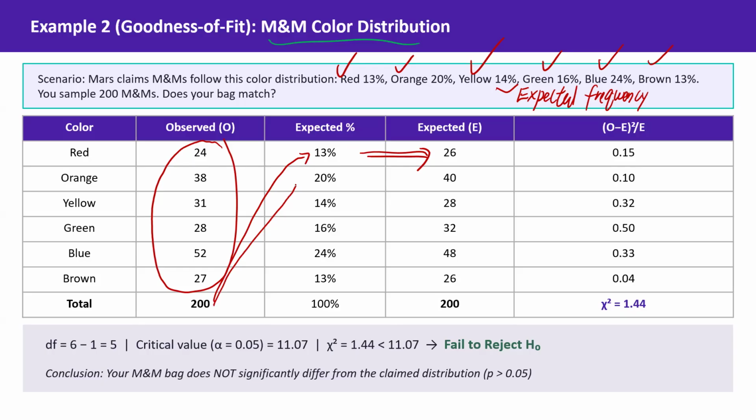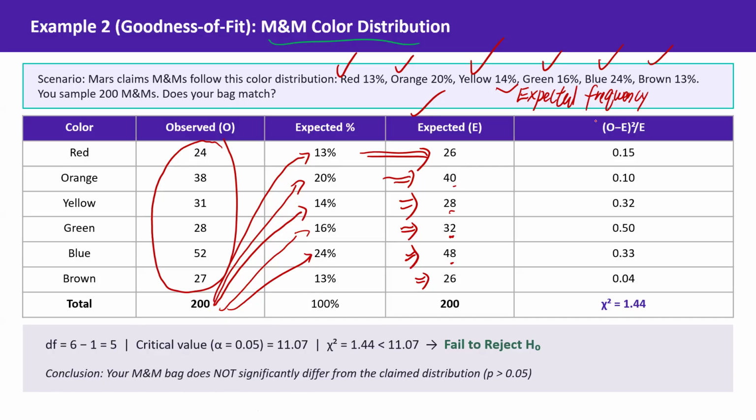Then 200 times 20% will get 40. Then 200 times 14%, the expected frequency is going to be 28. Now 200 times 16% turned out to be 32. Then 200 times 24%, that's going to be 48. And then 200 times 13%, that's going to be 26. You get all the expected frequencies, right?